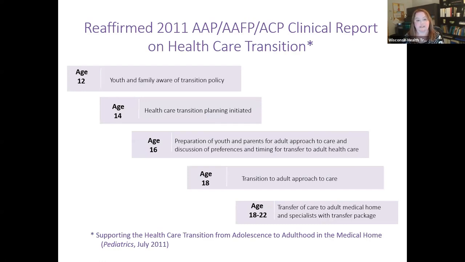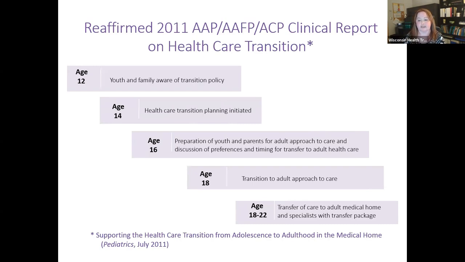So again, what we were finding in the report is that a lot of this is not reiterative, but just confirming that the 2011 report has some really good information in it and adding on to that. This was just to reaffirm that their 2011 AAP, AAFP, ACP clinical report, and those ages that they had broken it out into seemed to really resonate with a lot of different groups who are working on these transition efforts.